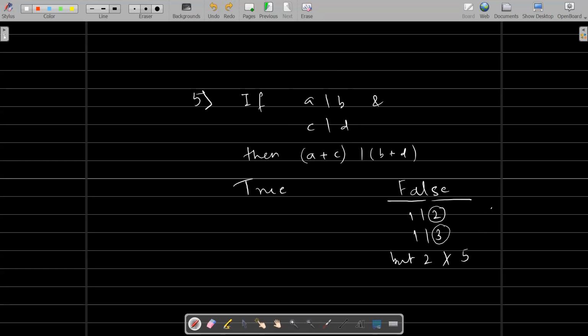Suppose A is 1 and B is 3, and C is 2. 2 divides maybe 4. You want different numbers. But 1 plus 2 is 3 and 3 does not divide 3 plus 4, 7. Okay.